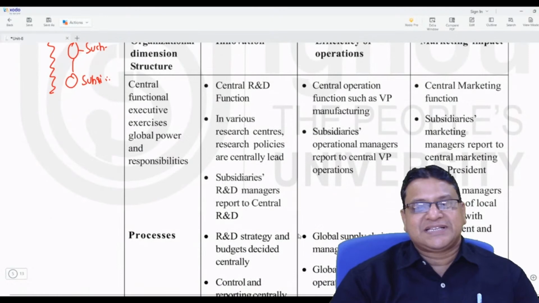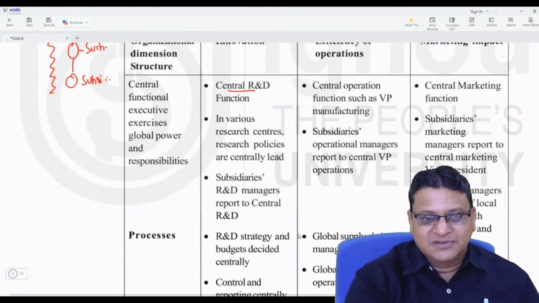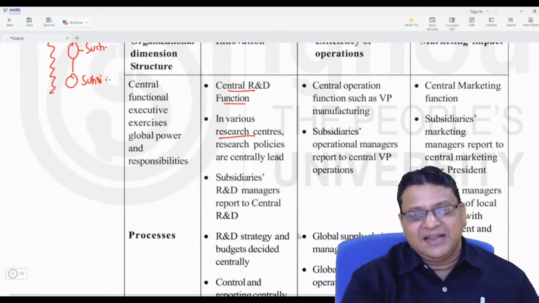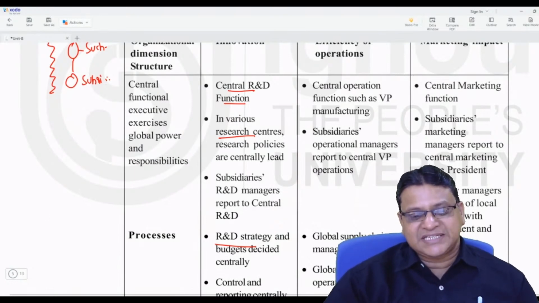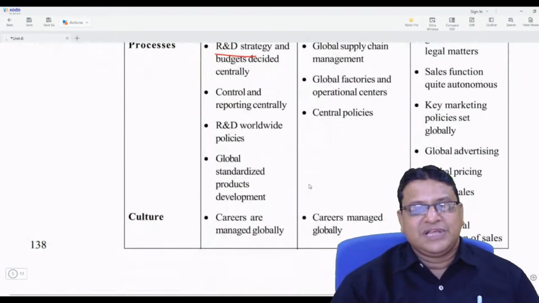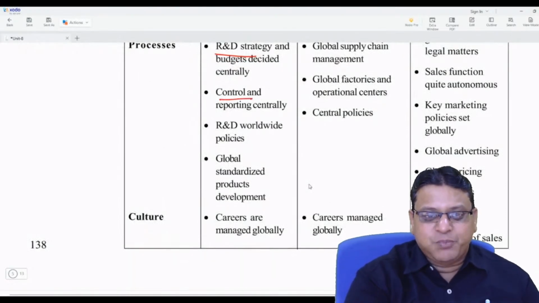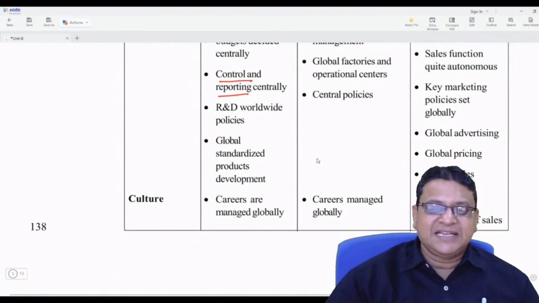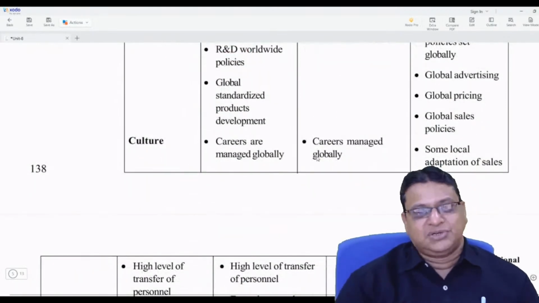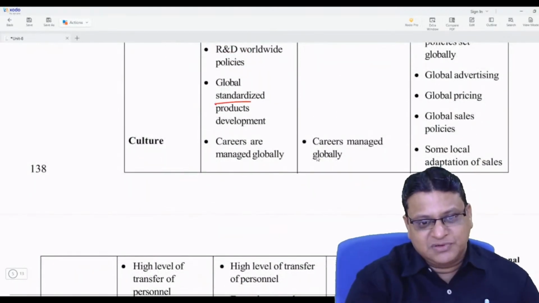So in global functional structure, all dimensions of the organization are centralized. There will be a central R&D function, central R&D strategy, centralized control, a centralized reporting policy, and a centralized, standardized product.